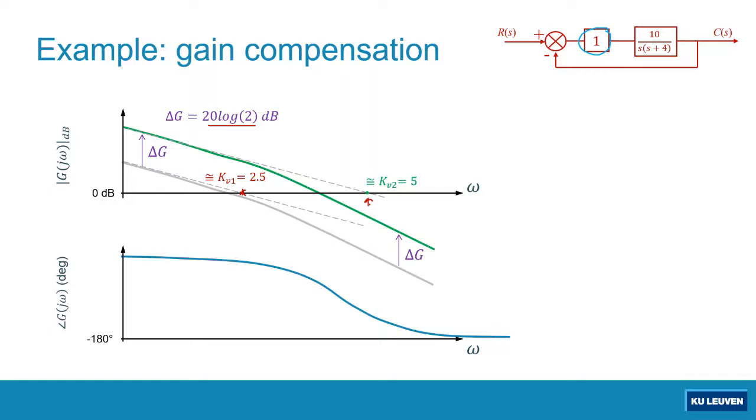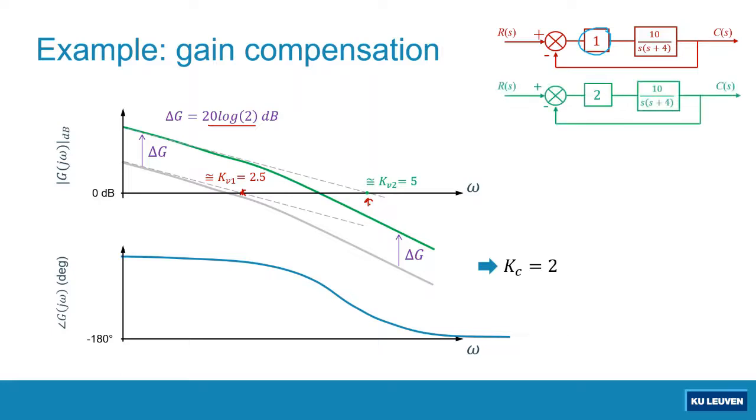Okay, so by tuning the proportional gain, I will shift up the magnitude plot, but at the same time I do not change the phase plot.